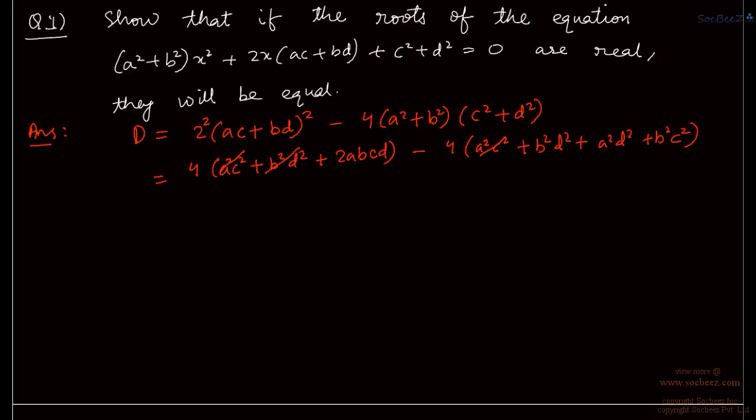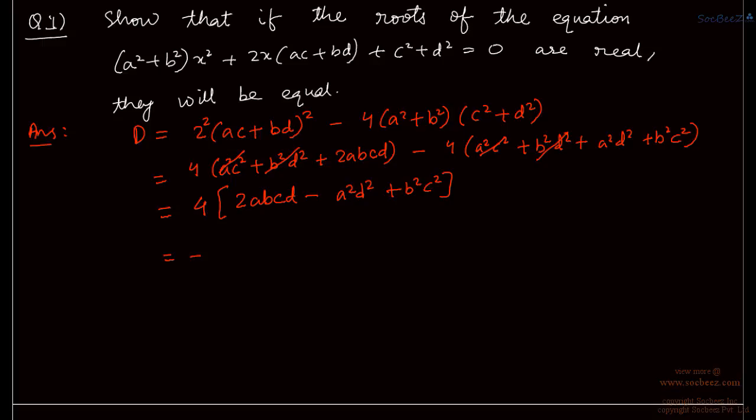Similarly, b squared d squared. Now let's expand the brackets and simplify. So this is 4 into 2abcd minus a squared d squared plus b squared c squared.